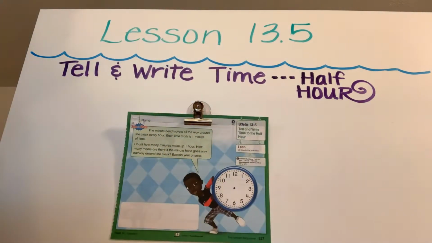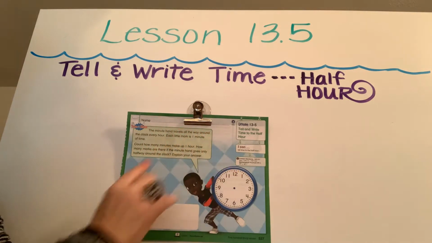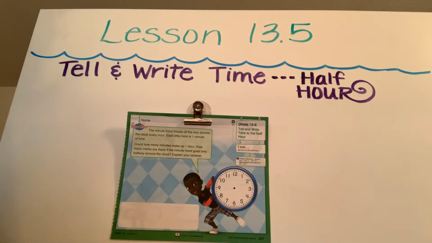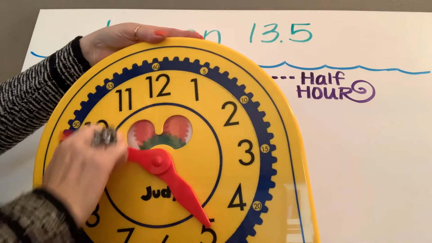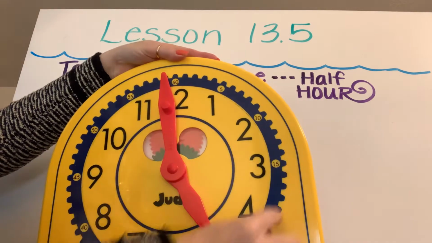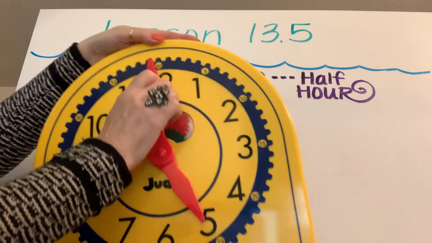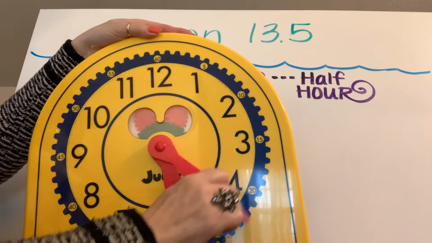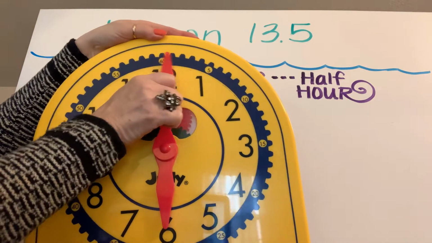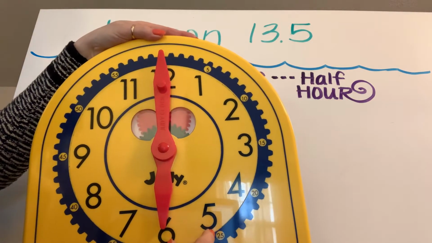All right. Let's look at the dialog box together. The minute hand travels all the way around the clock every hour. Remember we talked about that? The worker, he's the worker. He goes all the way around every hour. And look at what the boss does. The boss only goes that far.